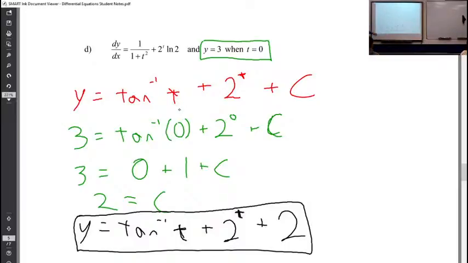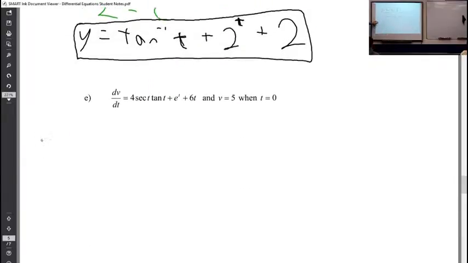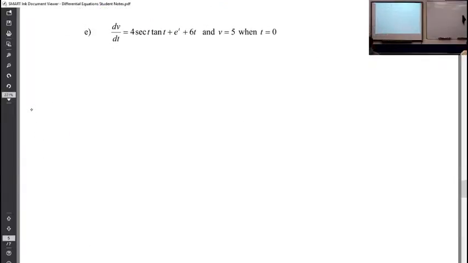We're doing one more. Once again, I'll give you about 2 minutes to try this one.